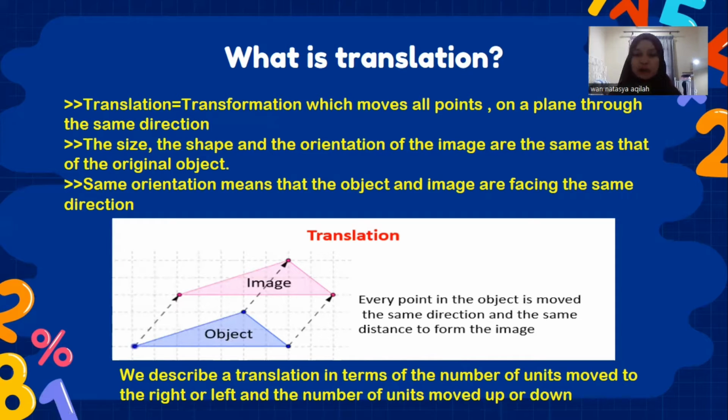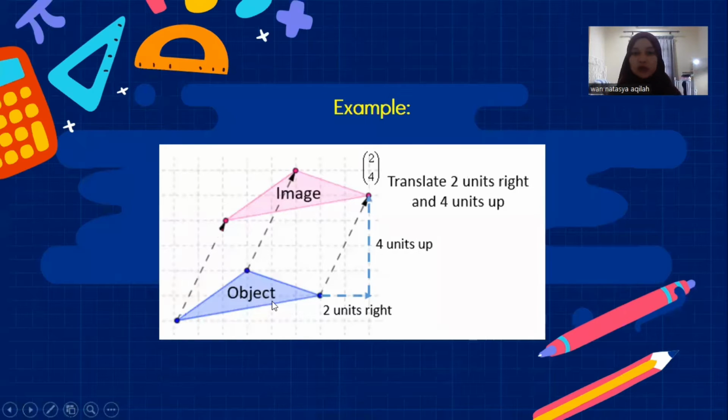Next, I will be explaining what this is. So next slide, we move to the example. For example, translate 2 units right and 4 units up. For the bottom number, we say right or left.